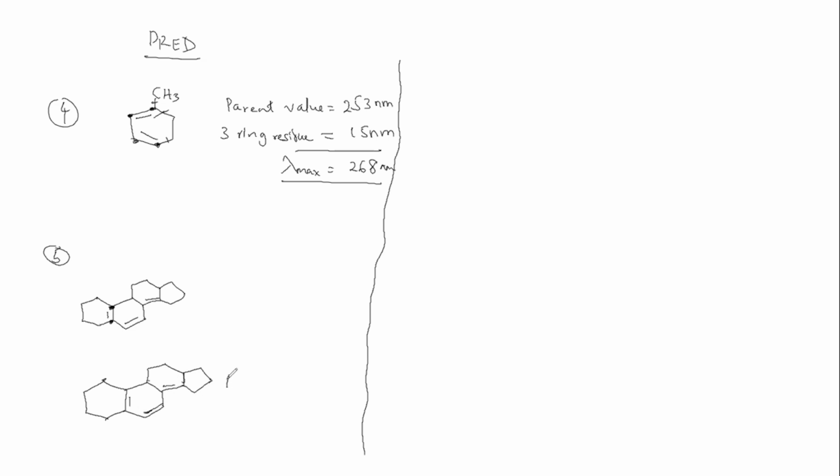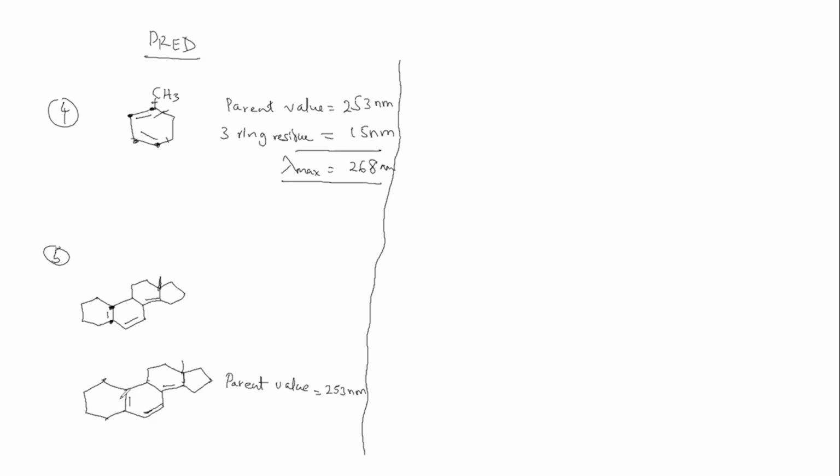So the parent value, sorry, there is a methyl group here. So the parent value is 253 nanometers because it is homoannular diene. Now let's pick the ring residue.